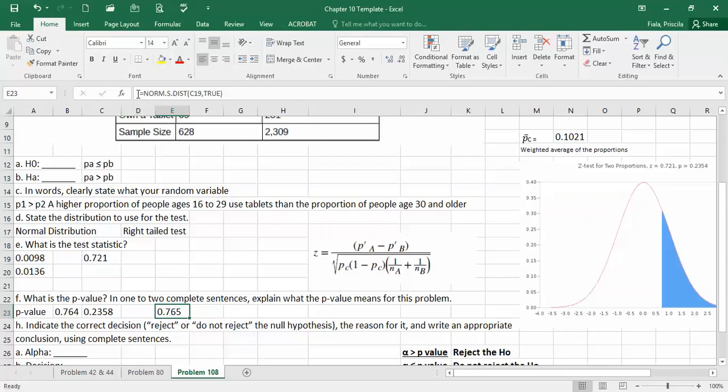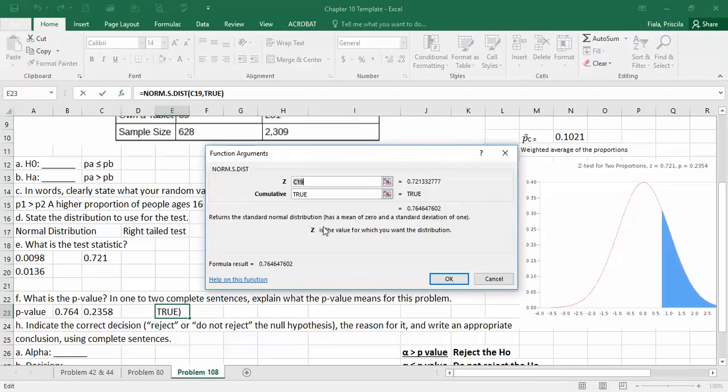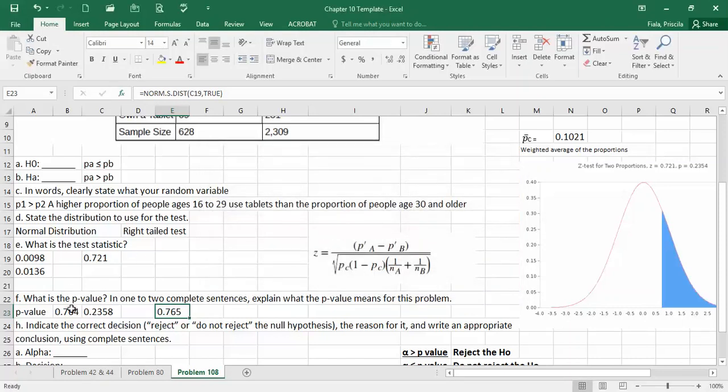Okay, so again, there is your z-score, and then here explains cumulative distribution function. If you want to look at that, do you see how it got just a little higher because it's 0.721?